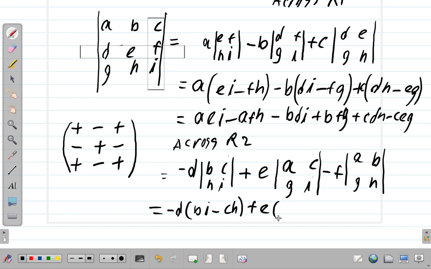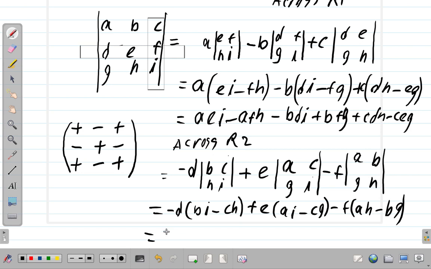plus E times AC, not AC, AI minus CG, minus F times AH minus BG.